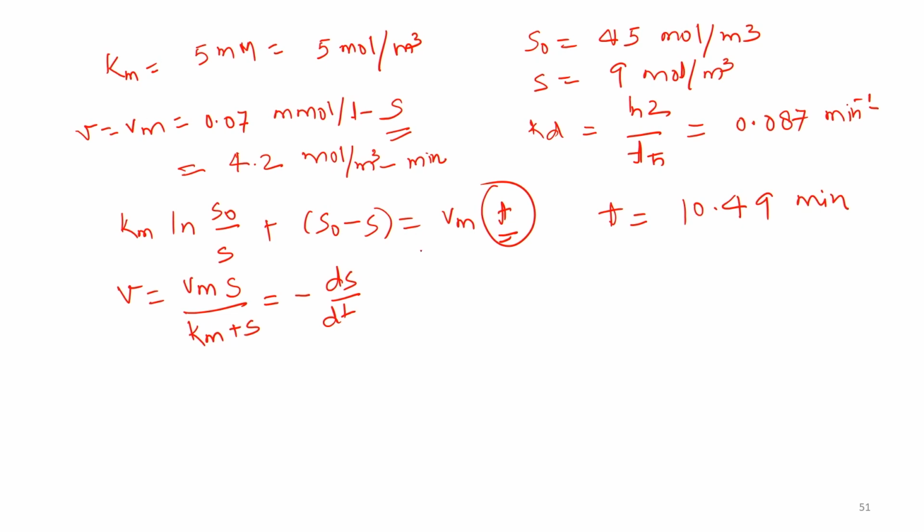Now, in the case of deactivation, what is happening? Minus dS upon dt, what is the V max?